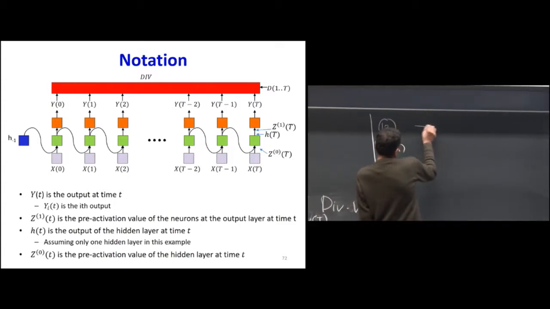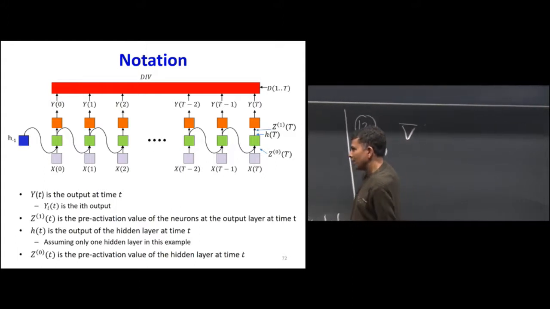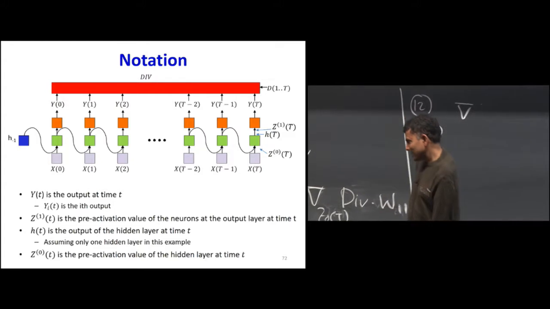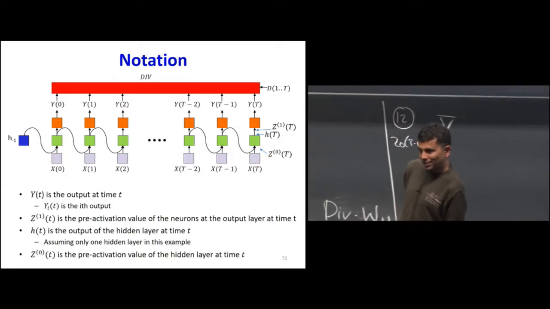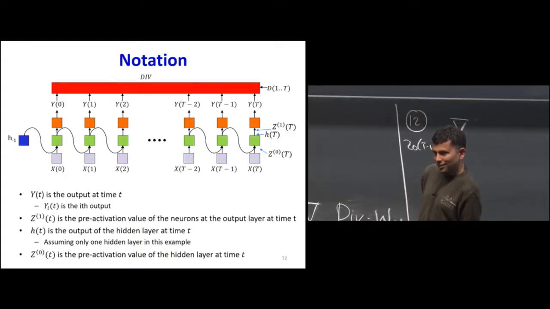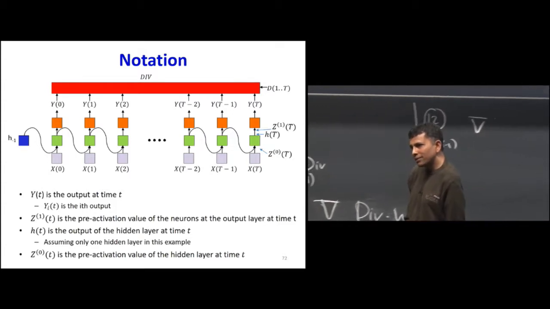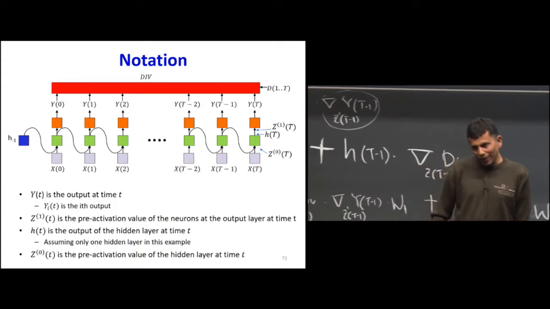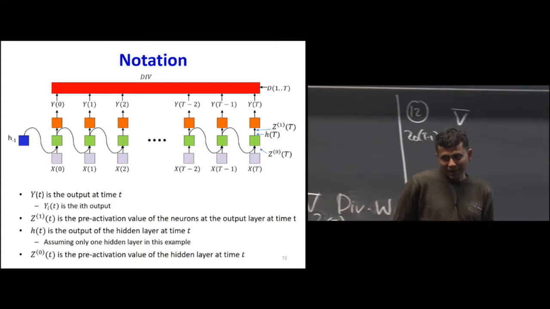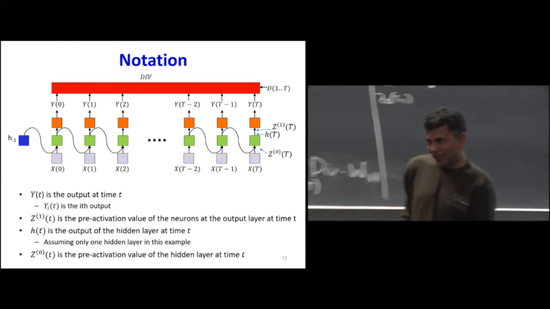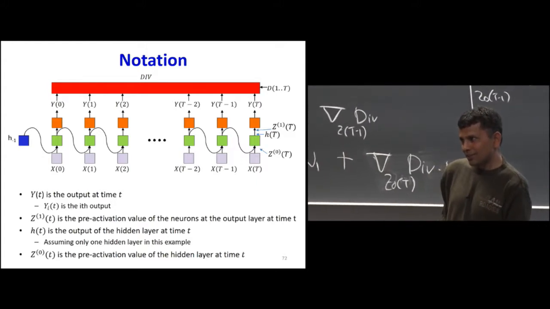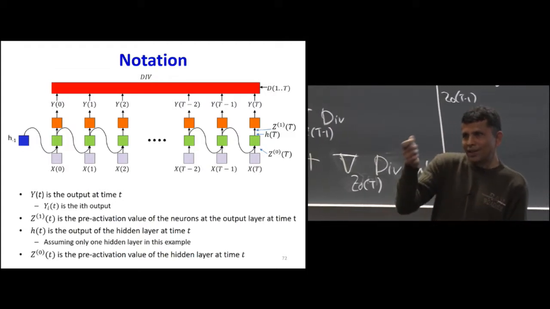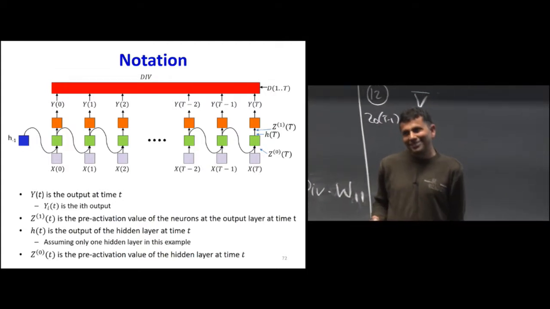So this is the derivative of the divergence. You can actually refer to older equations, right? I've already computed the derivative with respect to h of t minus 1. Now use that. Just the chain rule. Sanan, how would I do that?